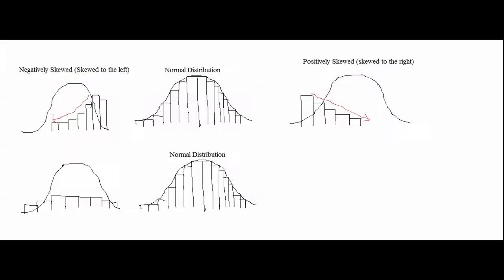This more flattened type of shape would be called a negative kurtosis. It's kind of a strange word, but it's called a negative kurtosis. You can think of the word negative as meaning it peaks too low. So it might help you remember the name if you think negative means peaking lower than a normal distribution.